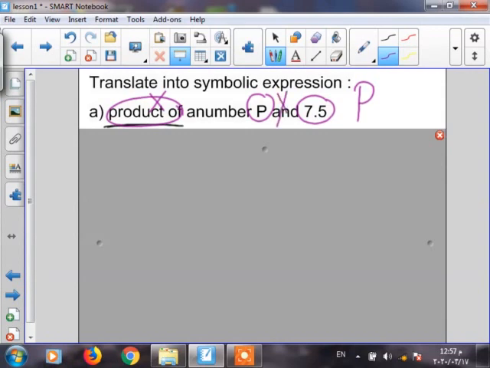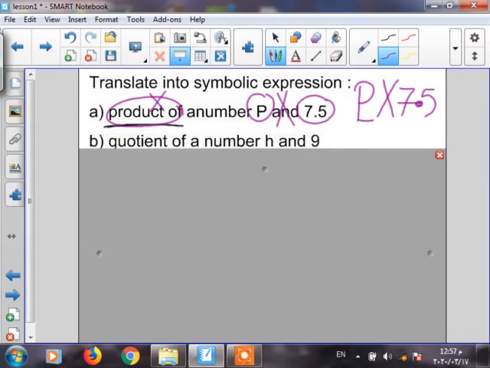Product means times. Times, the next one, 7.5. Can I write by another way? Yes, I will write here 7.5B. Okay, without the times. That's meaning I have here no sign between them, that's meaning times.